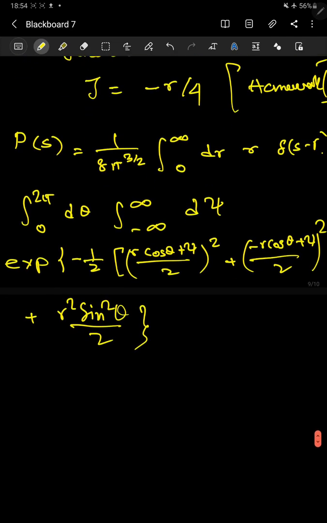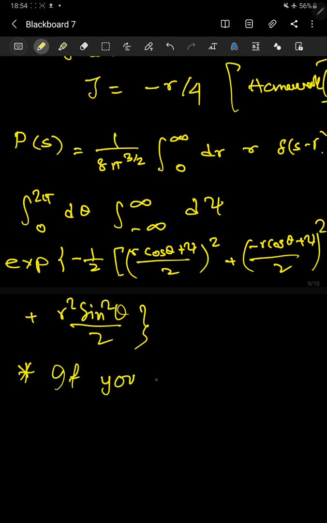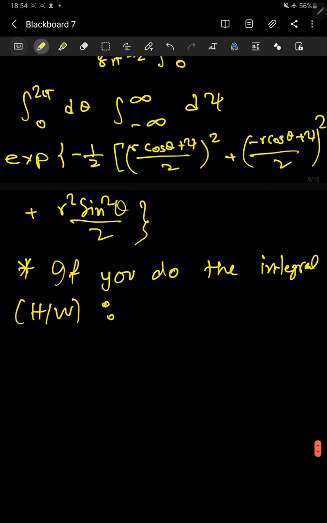So again, you will be doing this integral as homework. I'll give it in problem sheet 3. The probability distribution for the spacing turns out to be something like this.